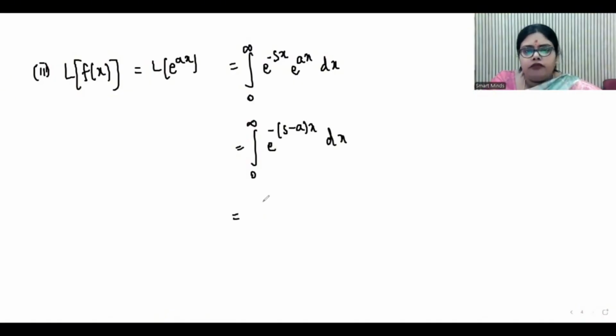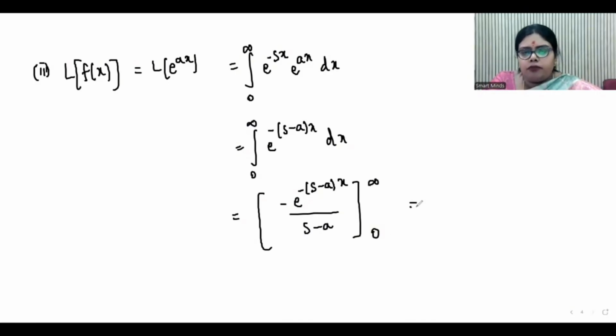If you integrate this, what will you get? Minus e power minus of s minus a into x by s minus a. After normal integration, you divide with the coefficient of x from 0 to infinity. So if you apply upper limit minus lower limit, you will get 1 by s minus a. In every step you write where s is greater than a, because the denominator should not become negative or 0.